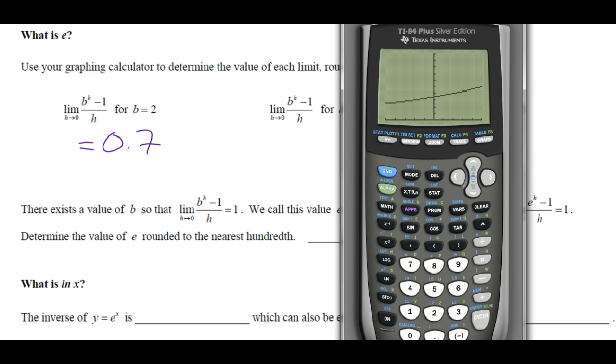Let's go to second table set. So you can set up the table. We're saying, well, we want to look around 0. So let's say maybe 0.3 by 0.01. What will that do? And we say, go look in the table.